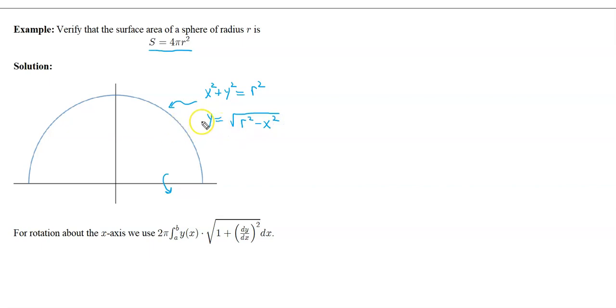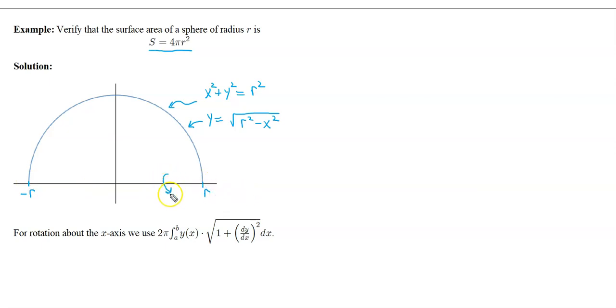That's the equation for this curve we have drawn here. Now we're going to rotate this around the x-axis and apply our surface area formula for rotation around the x-axis and verify that we get back 4 pi r squared. For this circle, notice that the endpoints are at negative r and r.